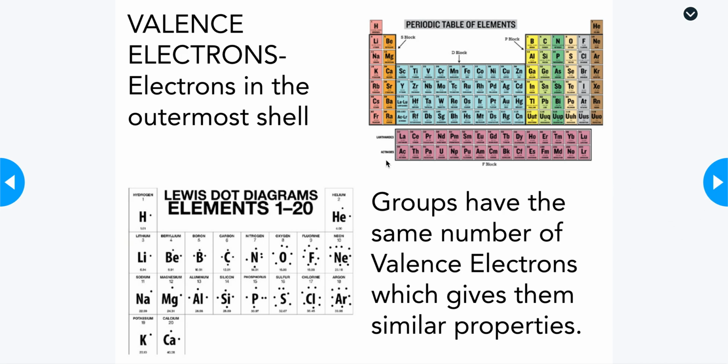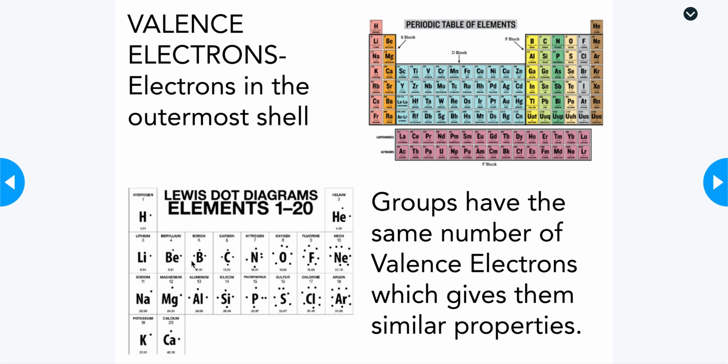So a couple of lessons ago, we filled out this Lewis dot diagram periodic table. And what we noticed when we did it is that all of the elements in each column have the same number of valence electrons. So in this first column, they have 1, second column 2, third column 3, 4, 5, 6, 7, and full. So groups have the same number of valence electrons. So that's true up here as well.